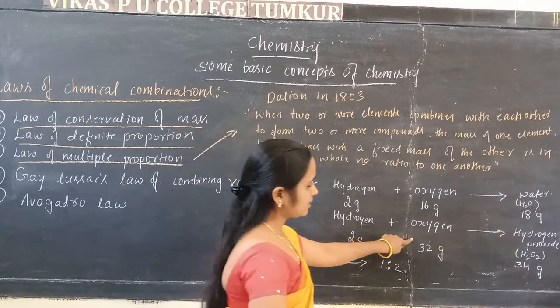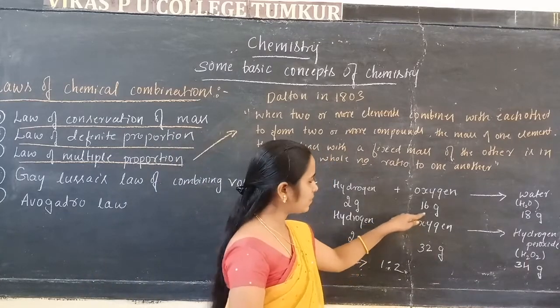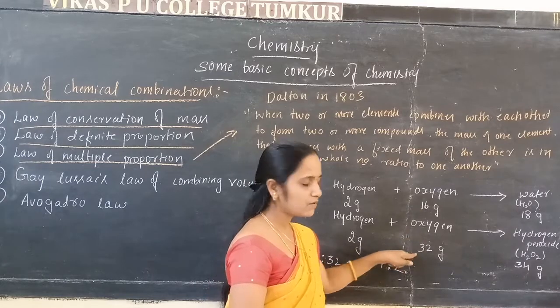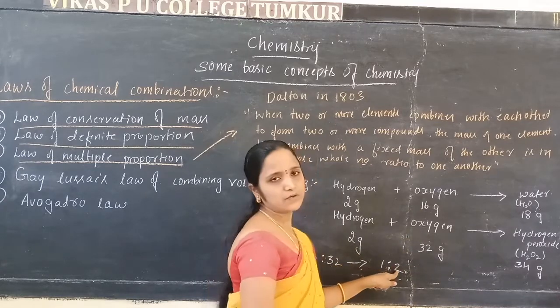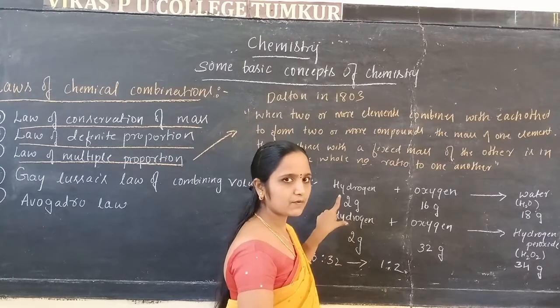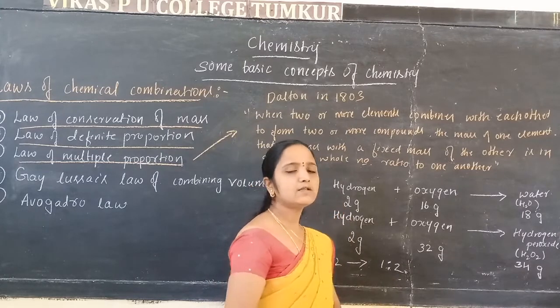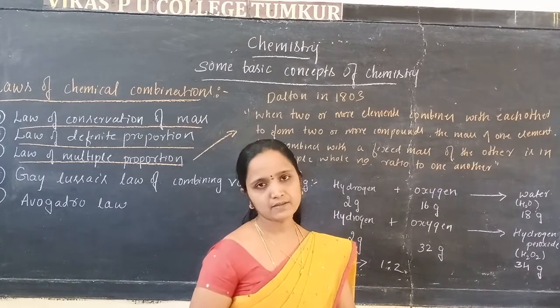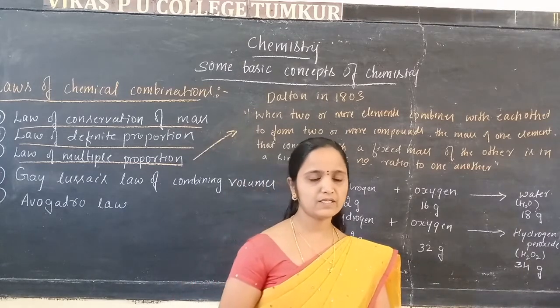Comparing these two, it has a simple whole number ratio, 16:32, which is 1:2, with a fixed mass of hydrogen. In the notes, I have given one more example. You can observe that.